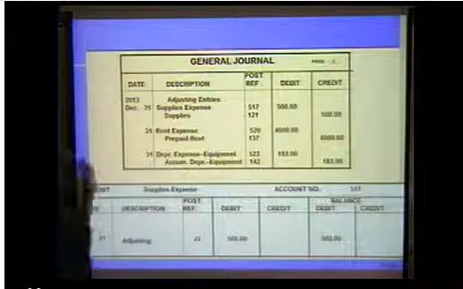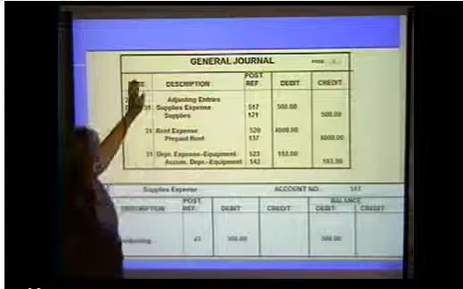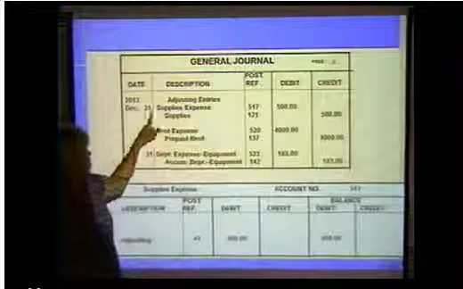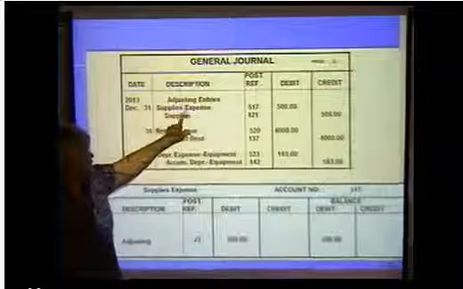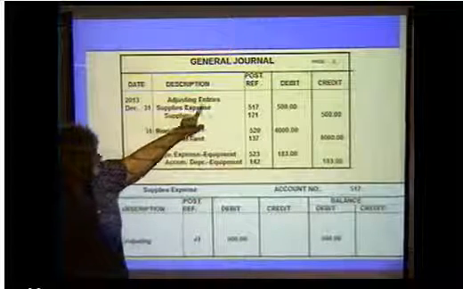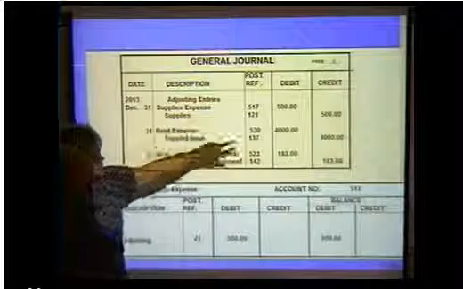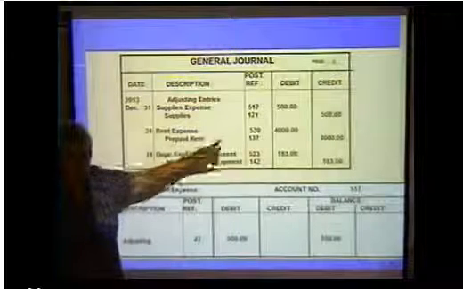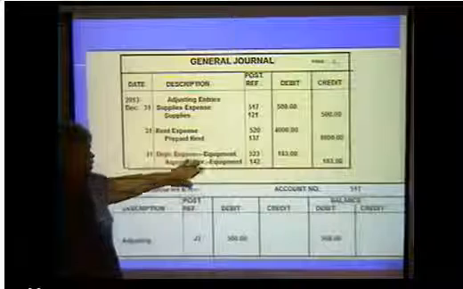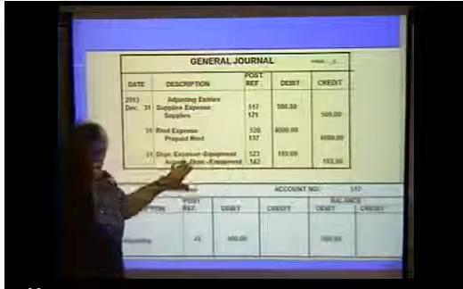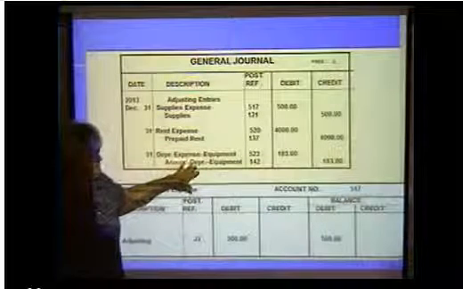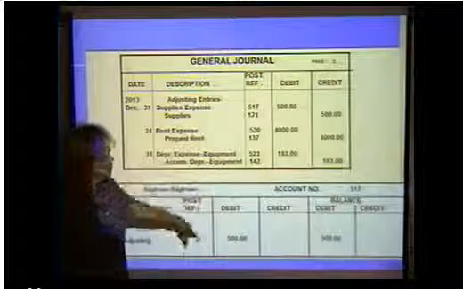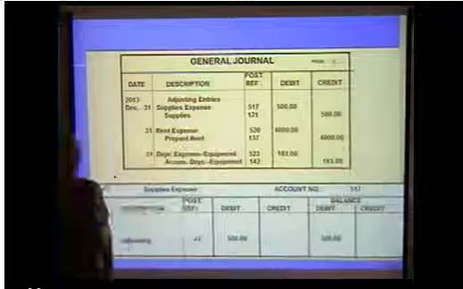These are for December 31st. We put each of our adjusting entries. We had supplies expense debited, supplies credited, rent expense debited, prepaid rent credited, depreciation expense debited, accumulated depreciation credited. Right? Post it to each one of our ledger accounts using our 5 steps for posting. And then our ledger accounts are now correct.